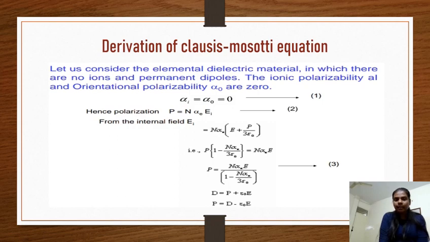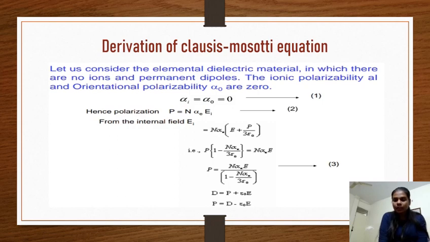That is P into 1 minus N alpha e by 3 epsilon naught equal to N alpha e E. So assume this as the next equation, that is P equal to N alpha e E by 1 minus N alpha e by 3 epsilon naught. Assume it as the third equation.